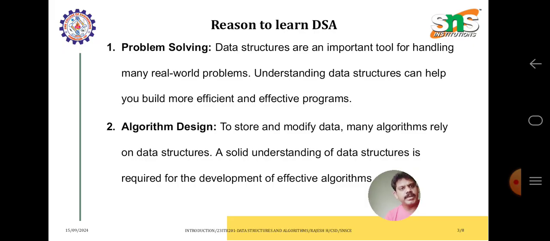Let us see the various reasons why students are instructed to learn data structures. The first reason is problem solving.